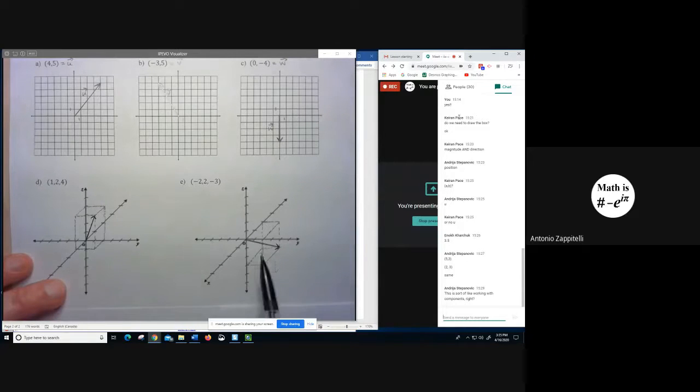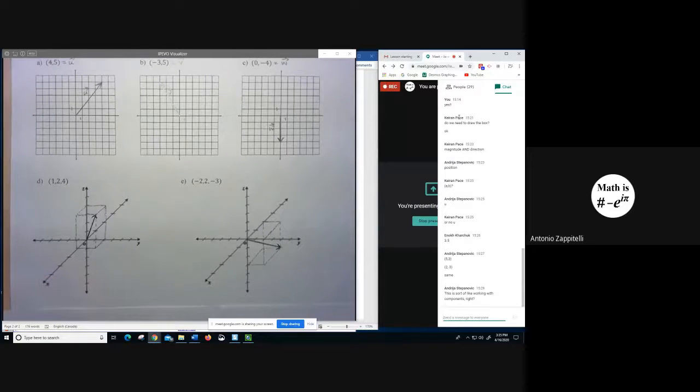And then here, what did I do here? I went to -2, 2, and -3, and there's my vector. Now again, I want you to imagine this arrow there without the box. You can probably see that it would be very difficult to tell what vector that is. Now, this is where I want to bring your attention to something even worse. What if I had to draw 3 of these vectors and draw, say, a triangle, 3 vectors in equilibrium?